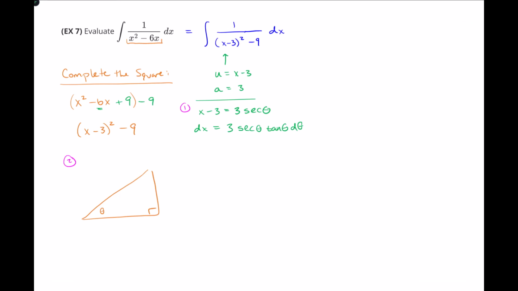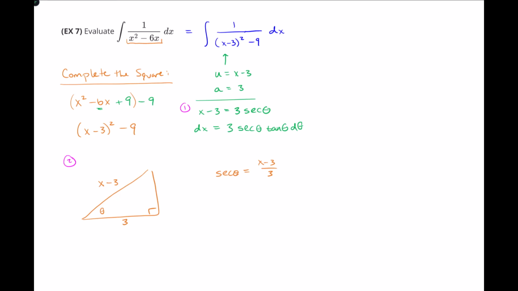Works the same way, but it's just now secant of theta is equal to x minus 3 over 3. And secant is going to be the hypotenuse divided by the adjacent side. So those are the two sides of the triangle I would use.